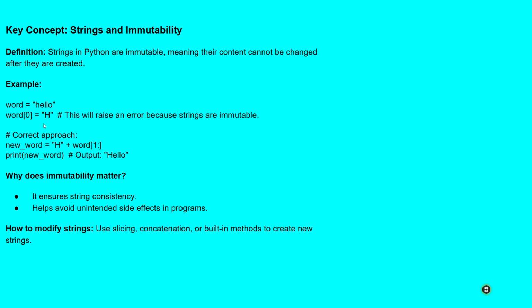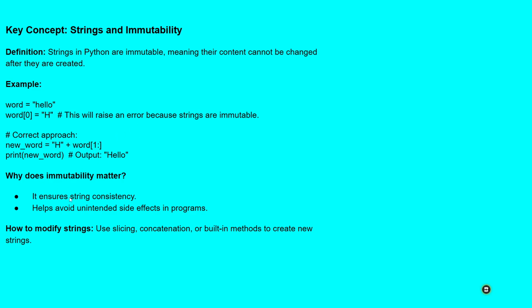Instead, the procedure that you want to do is to make a particular variable that will have the actual slices of your string, and then the updated part that you want to insert or remove from the actual string. That way, whenever you print this, you're making a new variable that contains the updated string. You didn't actually change the original one, you just made a new string from that original string.